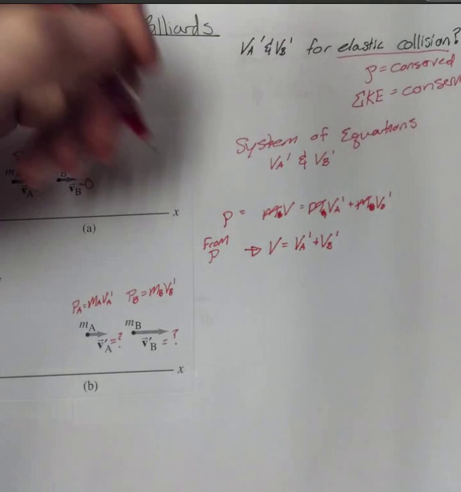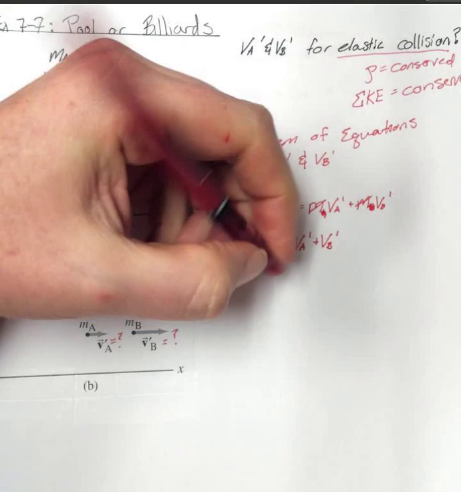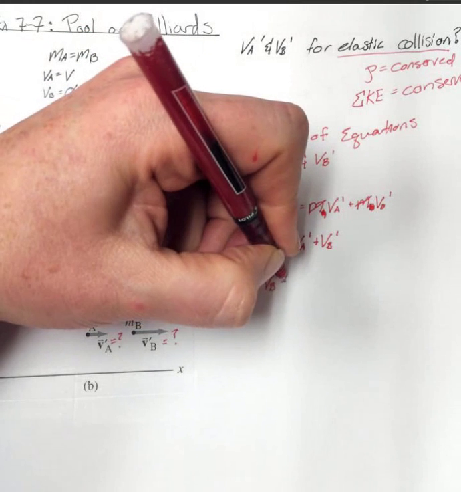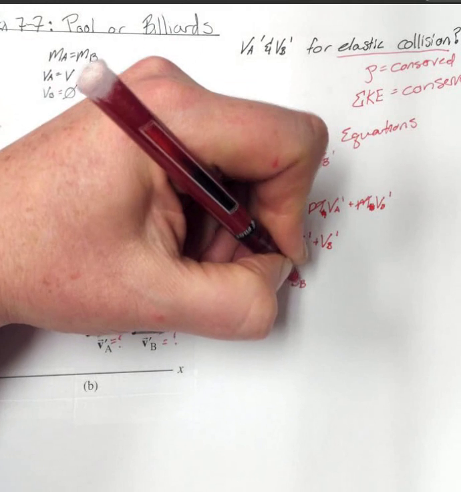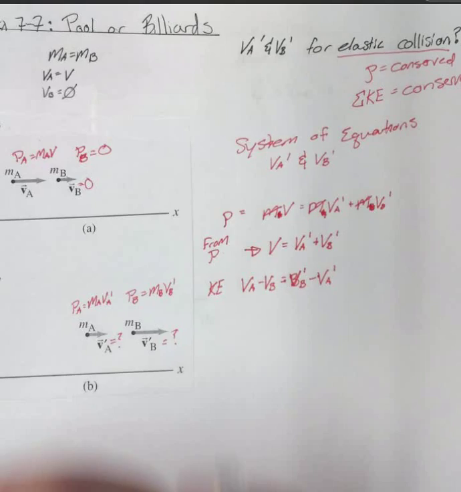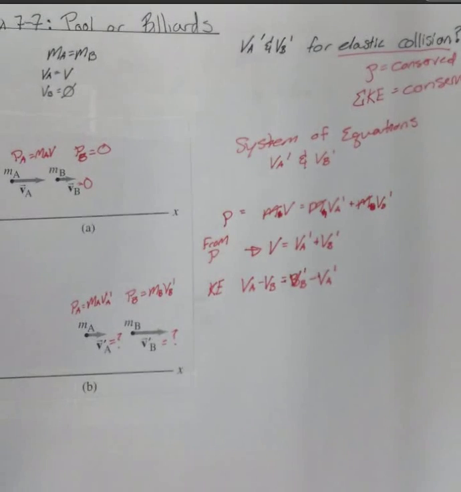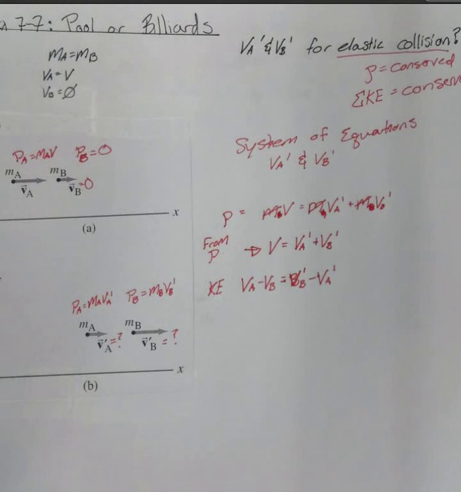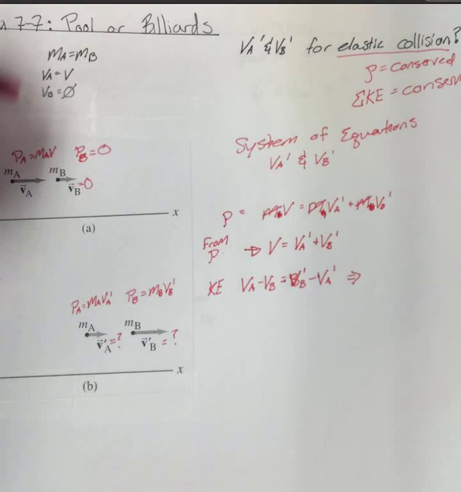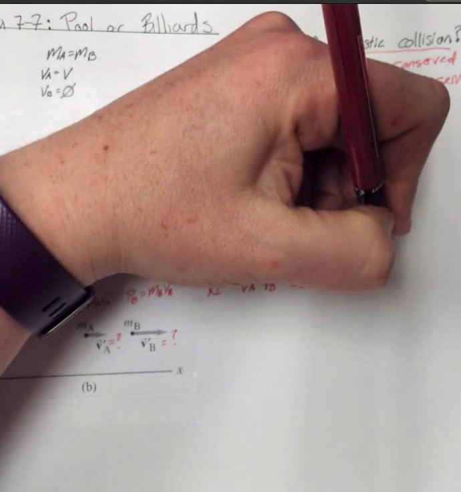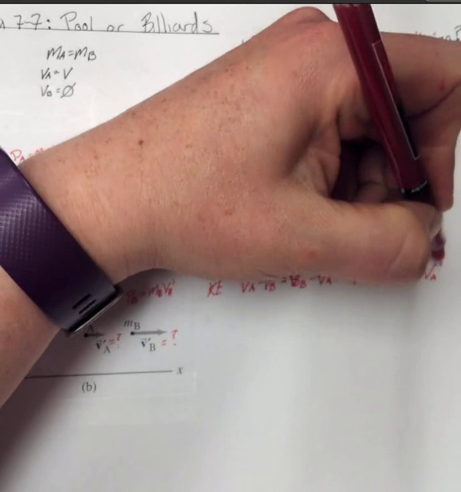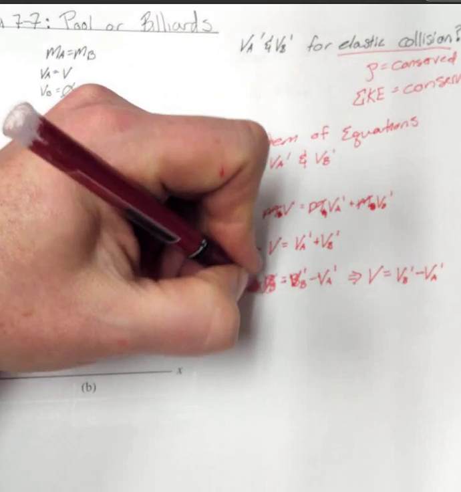And from kinetic energy, I know that VA minus VB is going to be equal to VB prime minus VA prime. Right? They're going to be equal and opposite. One thing that I know is that VA equals V, and VB equals 0, so I can write that V equals VB prime minus VA prime.